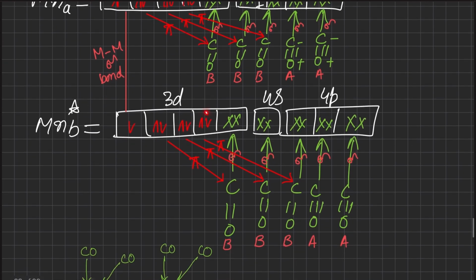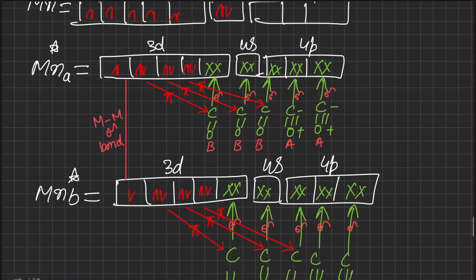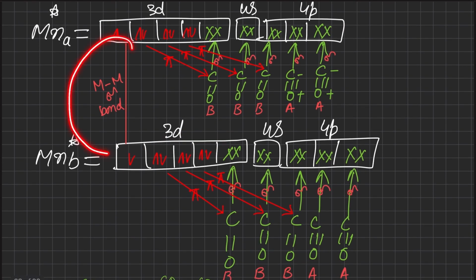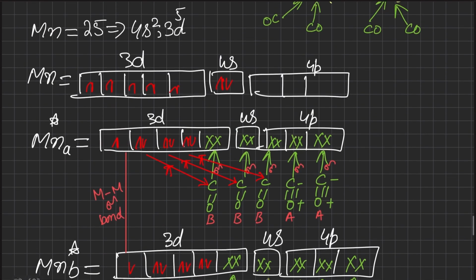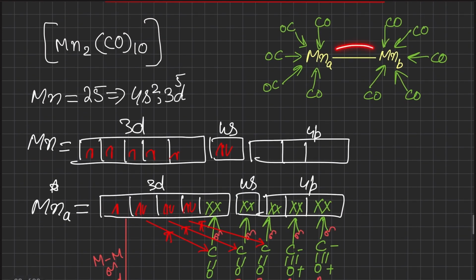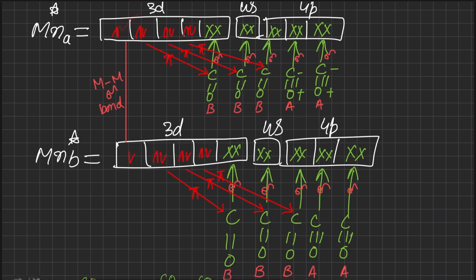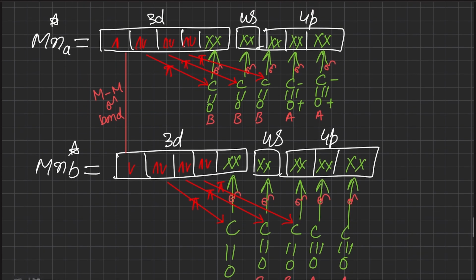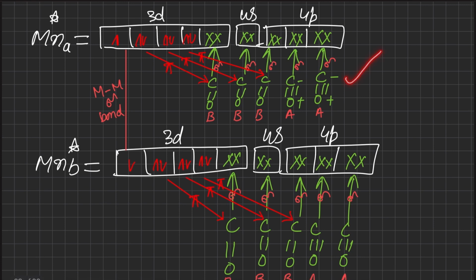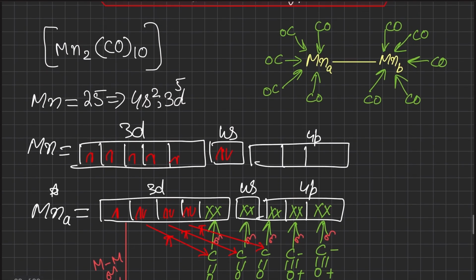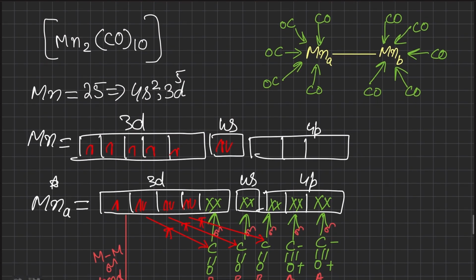Similarly, 7 electrons are in manganese B. Now one new thing is this bond, which is called the metal-metal sigma bond, and in the diagram this bond has been represented here. This electron-containing orbital of the metal overlaps with this electron-containing orbital of the other metal to form a metal-metal sigma bond. So this is the overall bonding situation of the deca-carbonyl dimanganese metal carbonyl.